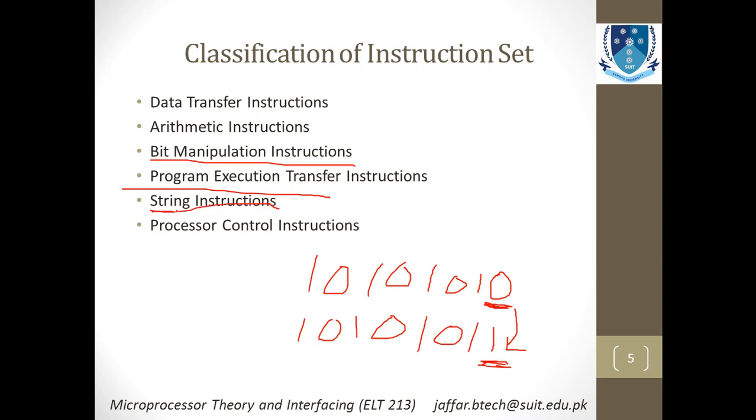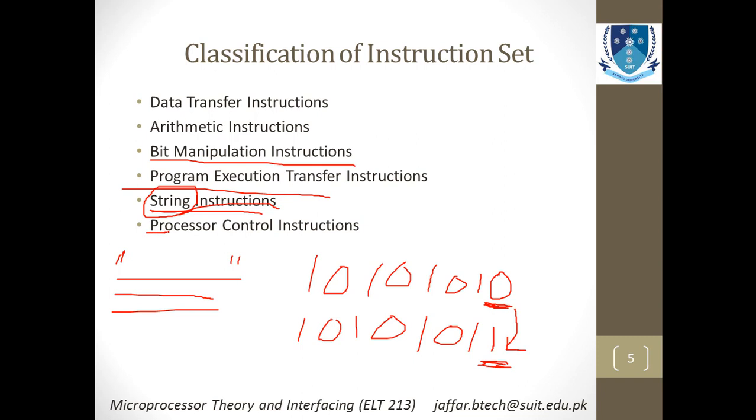Now, what is a string? A string is basically a combination of characters. You can use any string of data, a string of characters, a string of numerics, alphanumerics. A string is basically a combination of multiple items of the same data type.